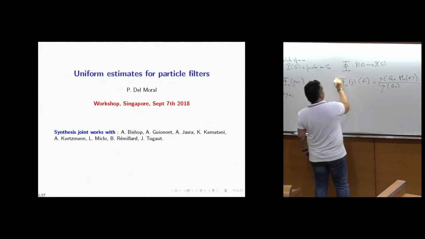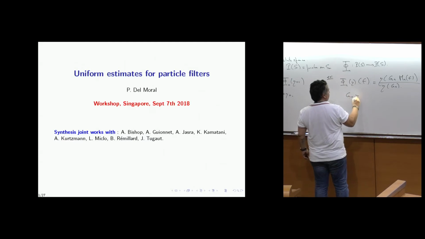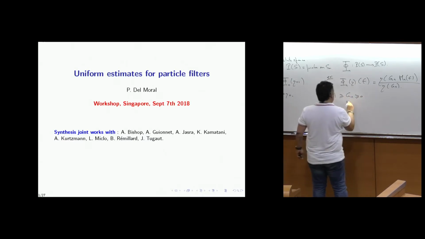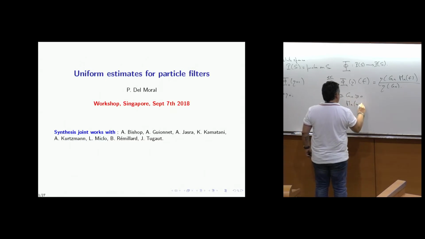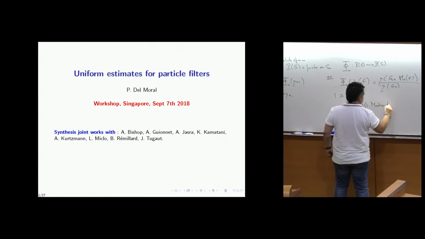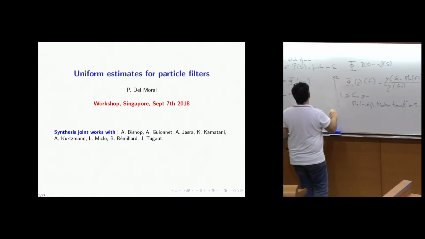So here, this is an example, and I take g n positive, let's say less than 1, and M n (x, dy) is a Markov transition on S. Okay, so that's an example.